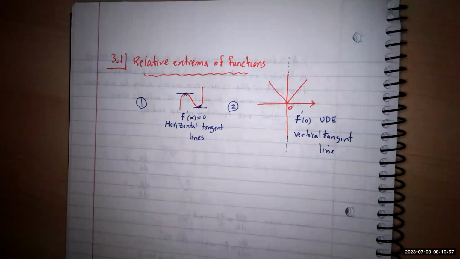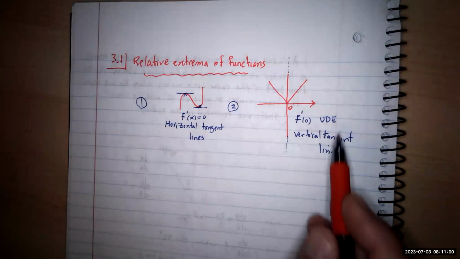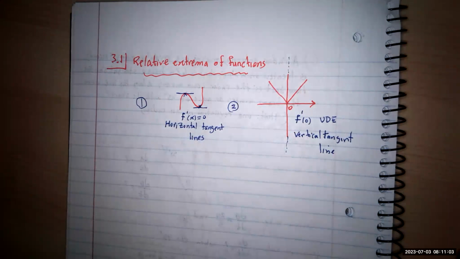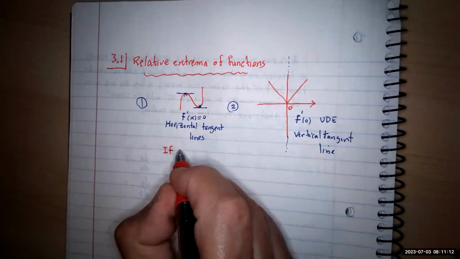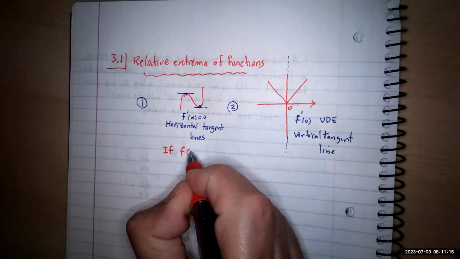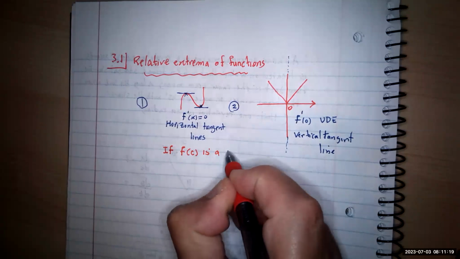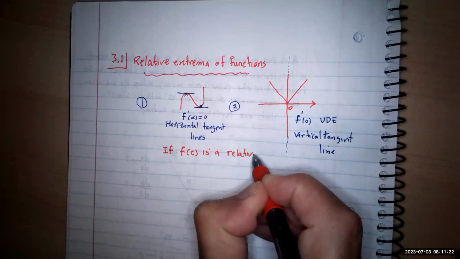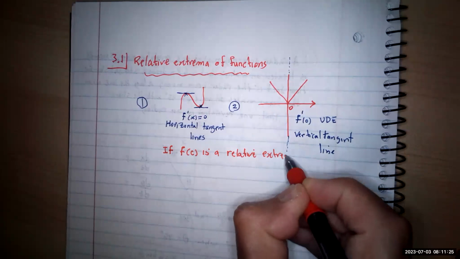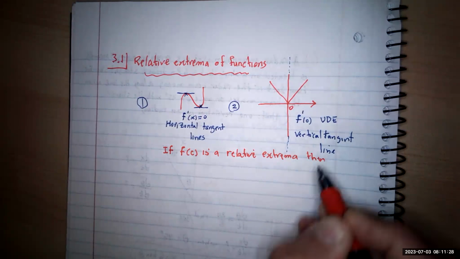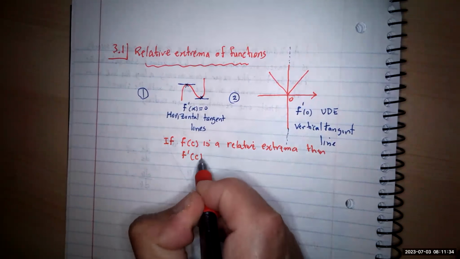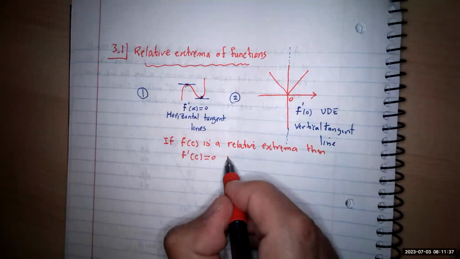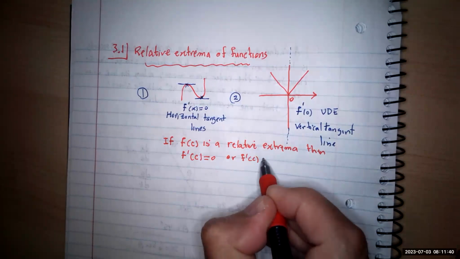So that tells us that there are two possibilities when we get the maximum and the minimum. The conclusion is that if f of c is a relative extremum, then you have two possibilities: either f prime of c is equal to 0, as in this case, or f prime of c does not exist.